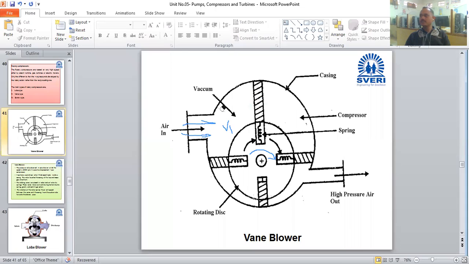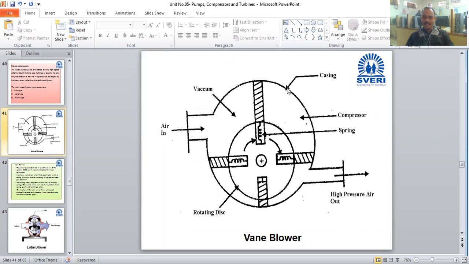Now see here. So this is the vane blower. This is the second type of compressor that we can use to compress the air. So these are the constructional parts of the vane blower.